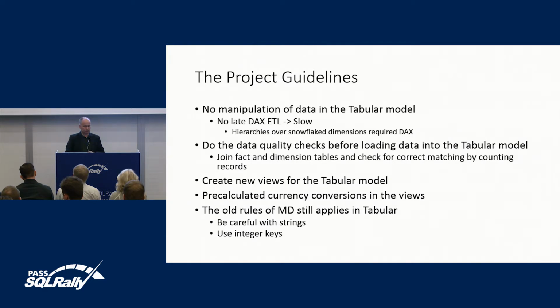And the old rules of multidimensional still apply in Tabular. Be careful with strings. Don't load too many of them. If you use strings, use short strings. And you probably know as well that the good thing for Tabular is if you have attributes, like on customers, like gender.